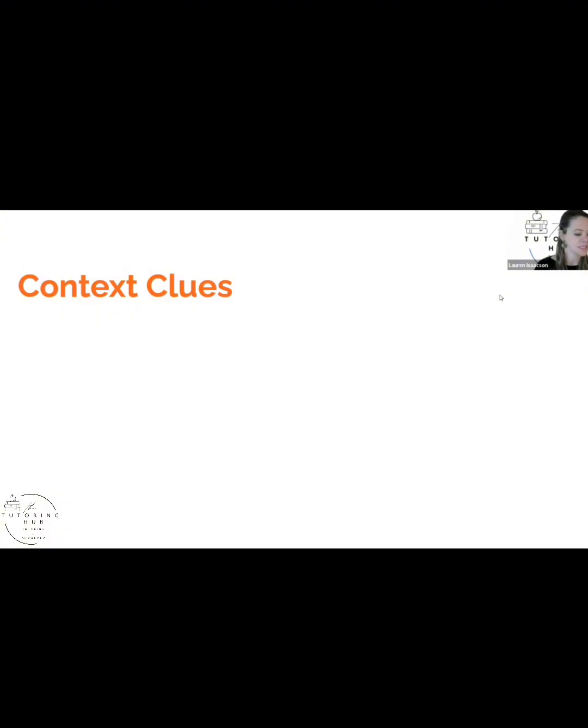So here's some things to look for when you're using context clues. See if you can use one of the context clue strategies to help you. Here are some of our strategies that we'd like you to focus on when using context clues.